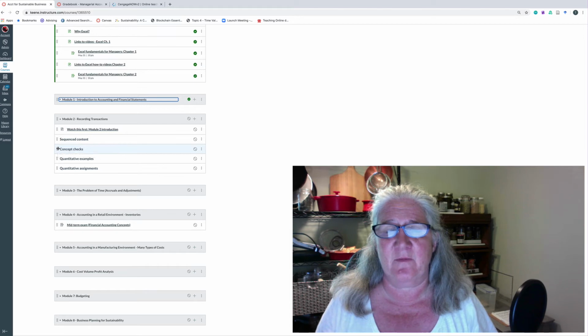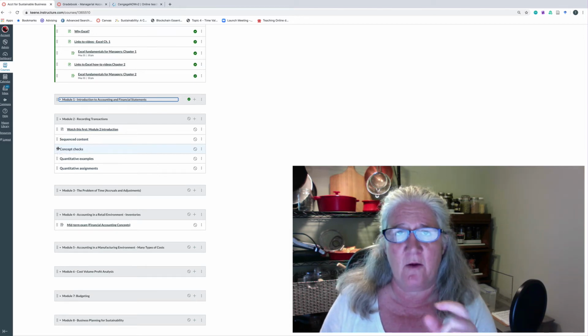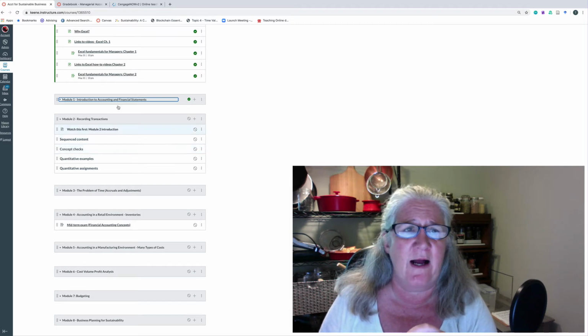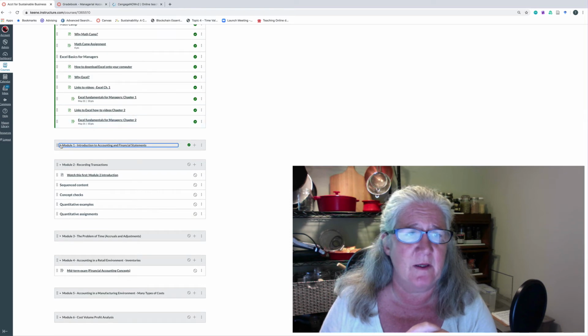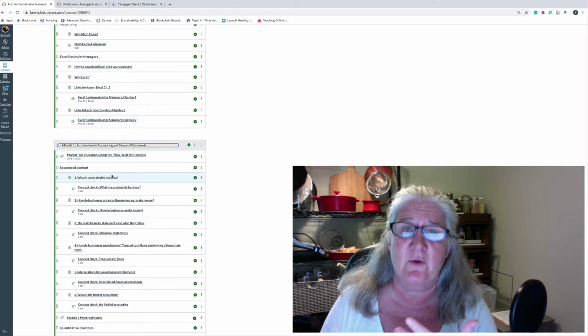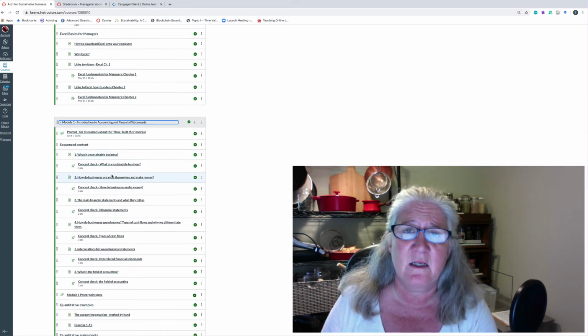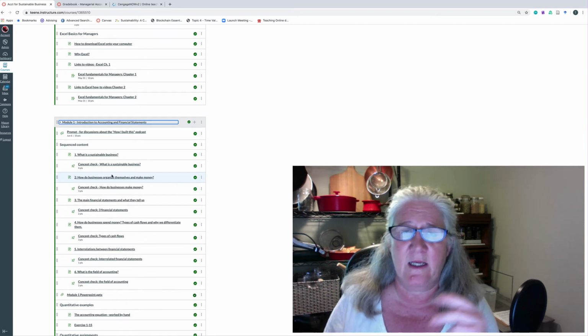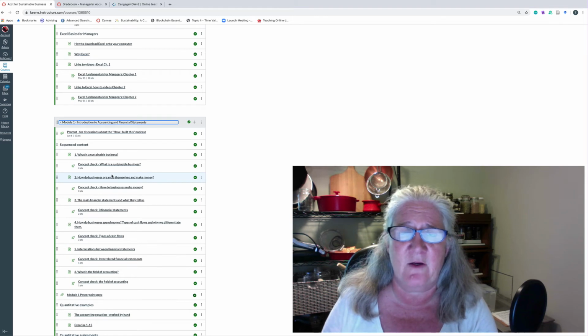I'm going to change the way that I've weighted the assignments and give some weight to the concept checks. I had originally set this up so that you would be required to do them in order to be able to proceed, so I didn't need to give them any weighting in the assignment categories.